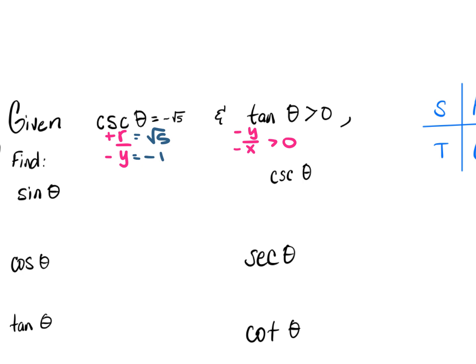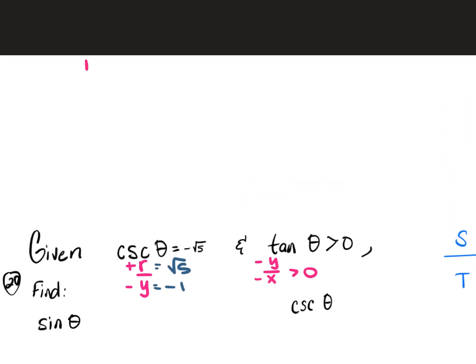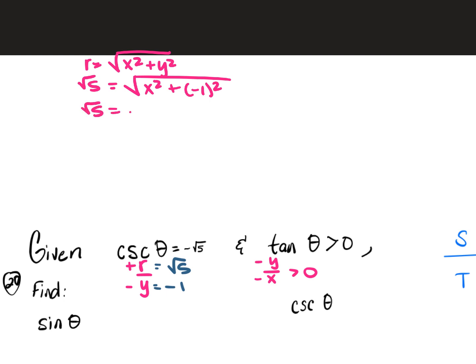To find what x is, we're going to use r is equal to the square root of x squared plus y squared. So that means we're going to have the square root of 5 is equal to the square root of x squared plus negative 1 squared. So that means the square root of 5 is equal to the square root of x squared plus 1.